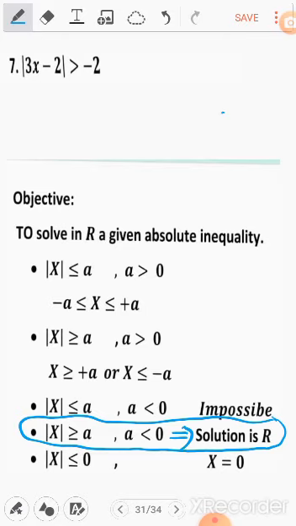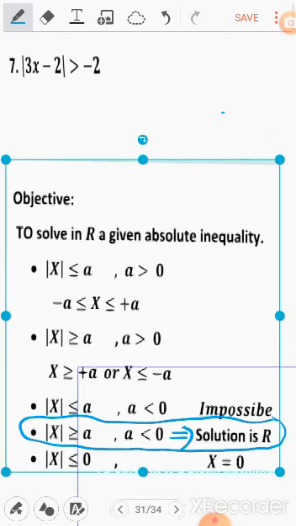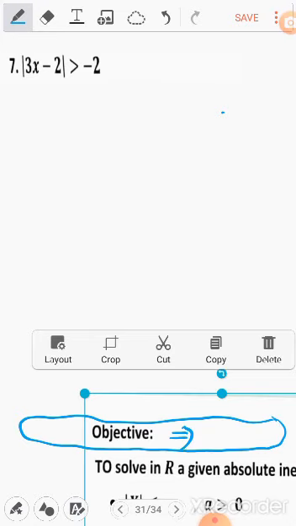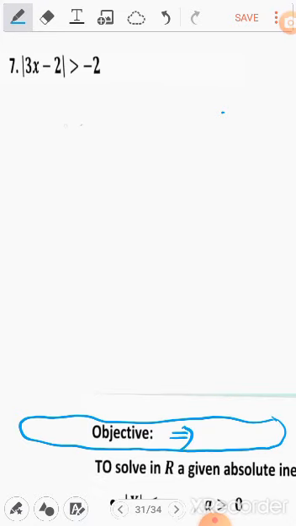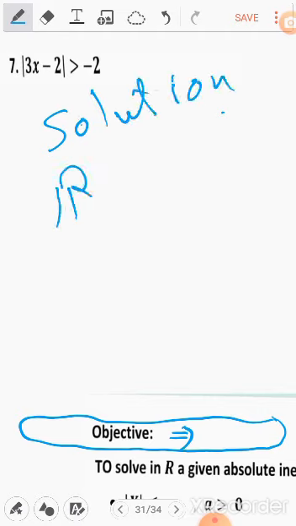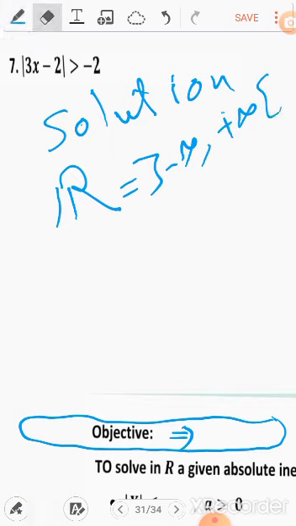So the solution of this inequality is the set R, the set of all real numbers, which is equal to minus infinity to plus infinity.